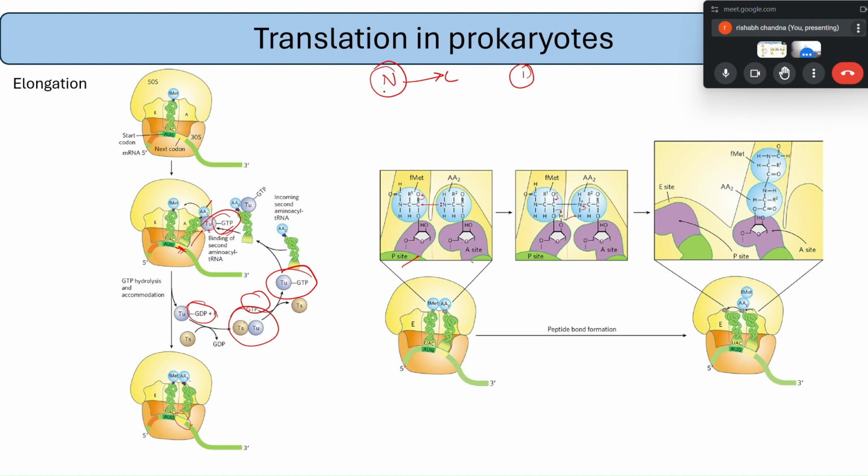Like we have for DNA synthesis, which occurs in the 5 prime to 3 prime direction, protein synthesis occurs in the direction from N to C. So here, this is the formylated methionine, and this has the N terminal free.